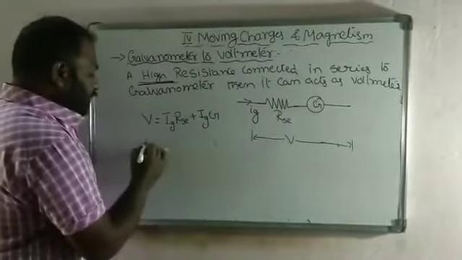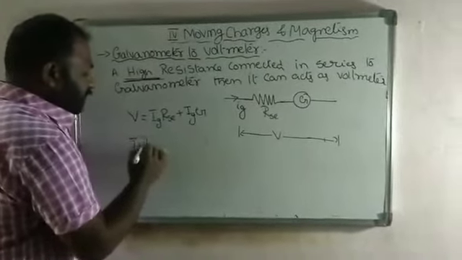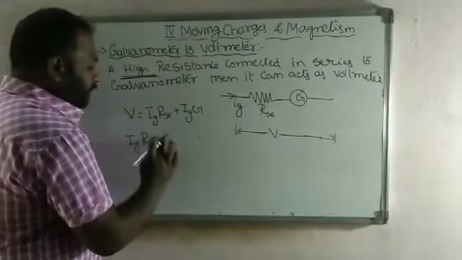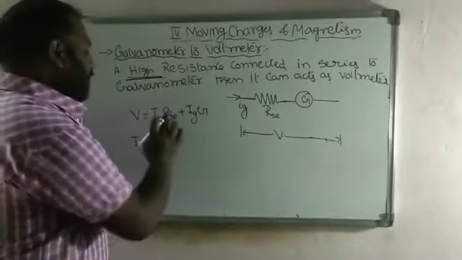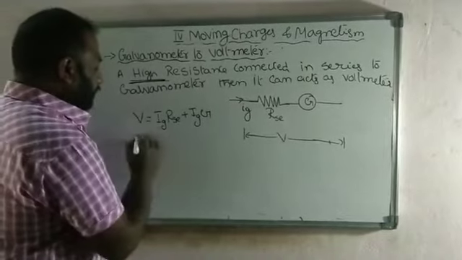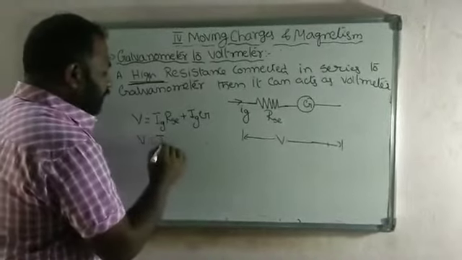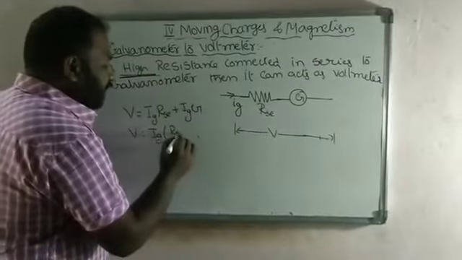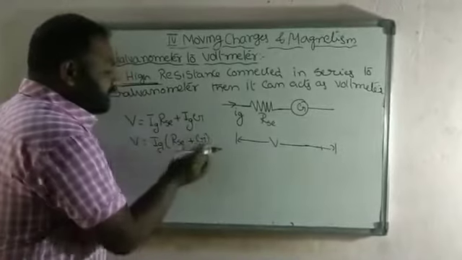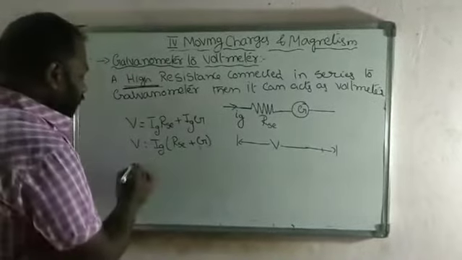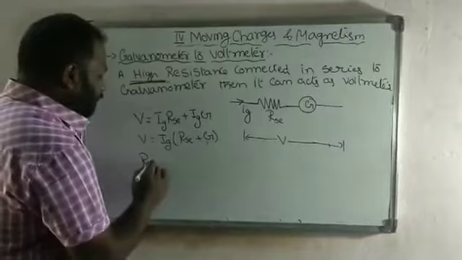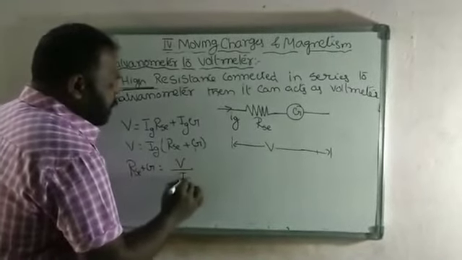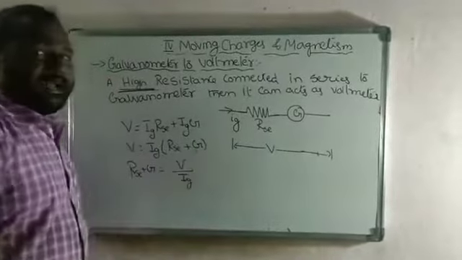V is equal to Ig into (RSE plus G). Here Ig is common, so taking Ig common, we get RSE plus G. From this, RSE plus G is equal to the range of the voltmeter divided by the full scale deflection of the galvanometer.